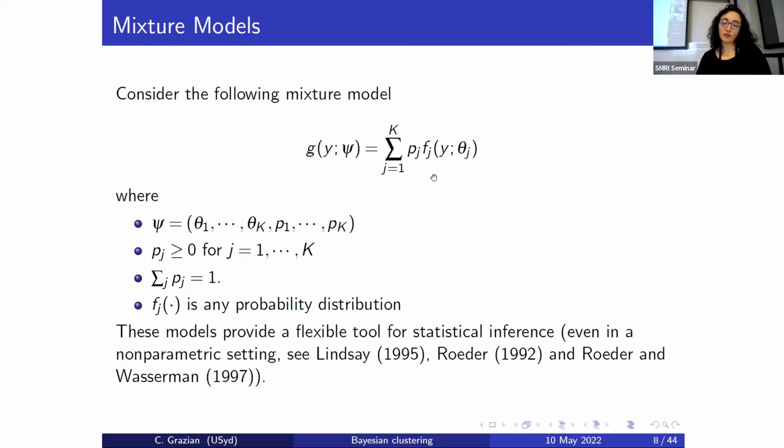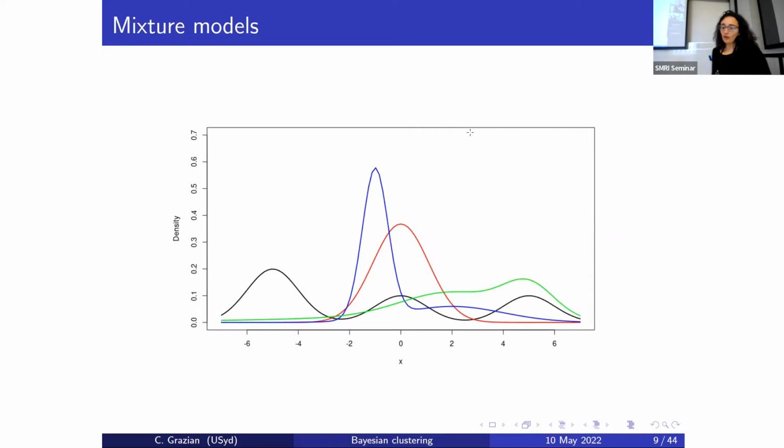The distribution for each component or cluster may be any probability distribution, but usually they come from the same class. These are much more general than clustering because they're also used for density estimation, to generate PDFs, or probability density functions, which are far from standard distributions. So they could be multimodal, but also kurtotic or asymmetric.